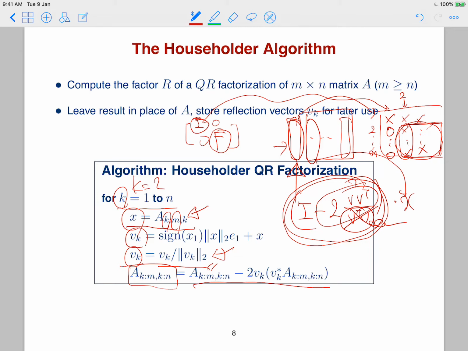So once we finish this computation, our matrix A will now change to the upper triangular matrix. So that way we obtained R, right? Then where is Q then?